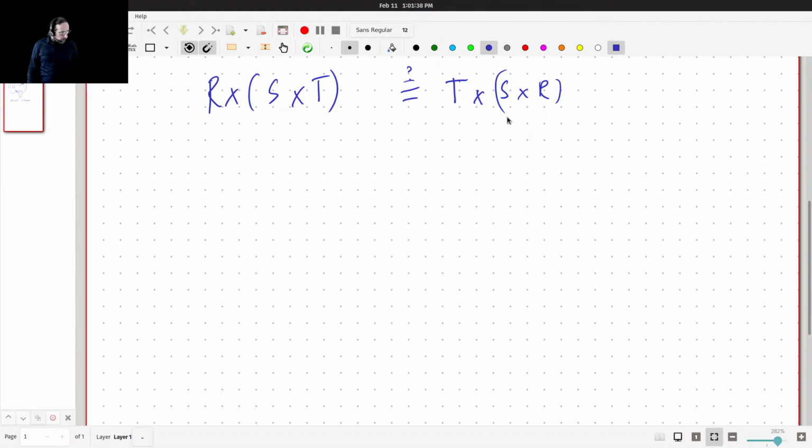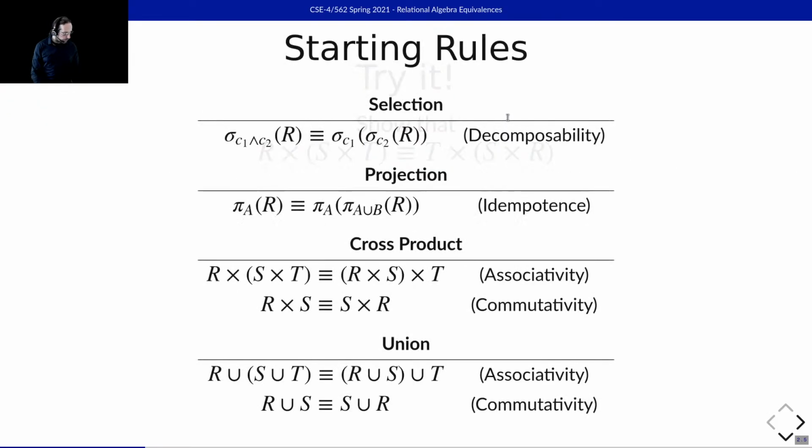So R cross S cross T. Now, there's no rule that I've given you so far that shows that these two are equivalent. But at least in principle, for reference, we'll go back.